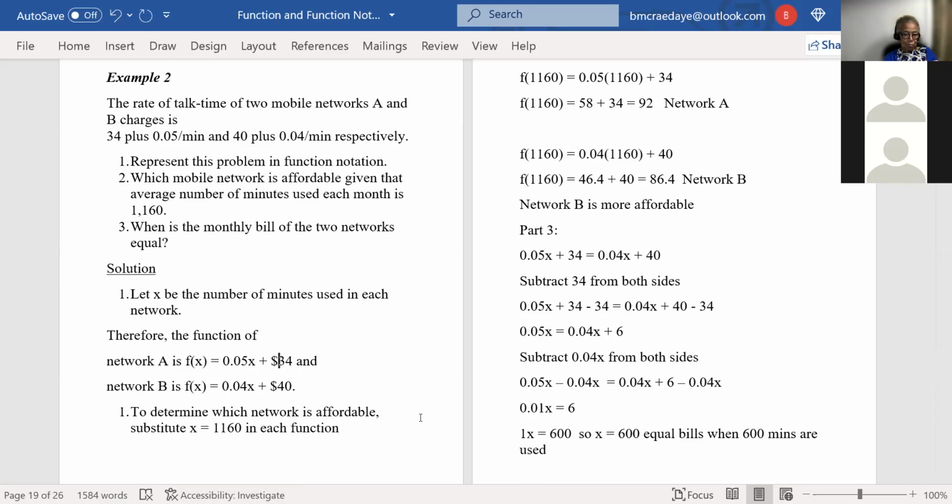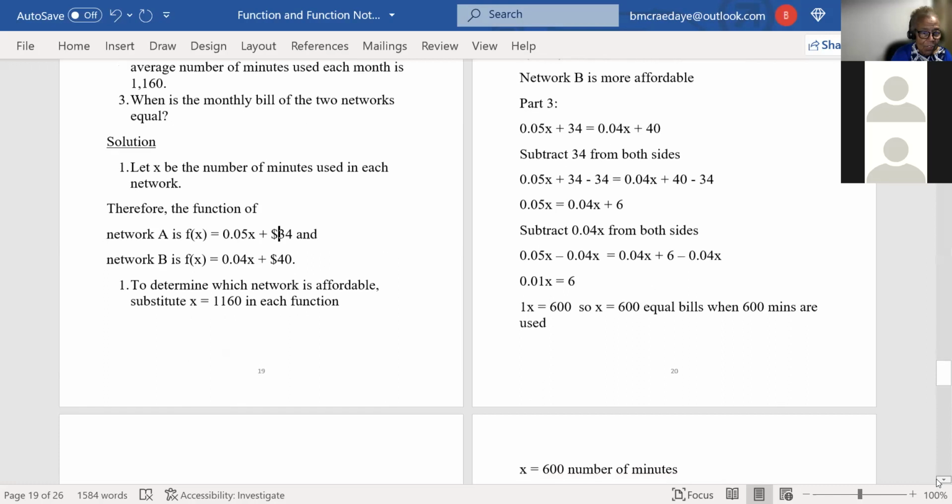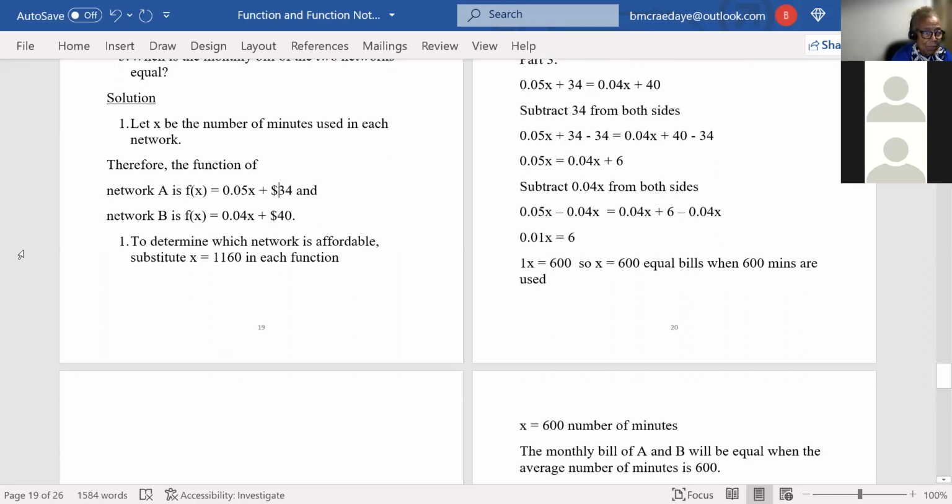So I'm going to do 0.05 times 600, and you're going to do the same for network B. This is the way you can check that your answer is right. Take the 0.05, and for the x, put 600.